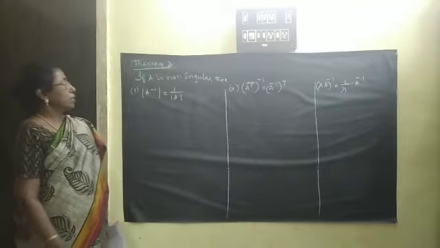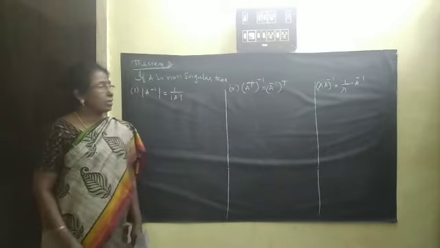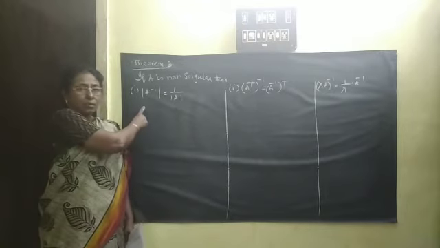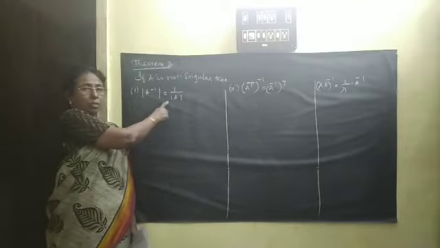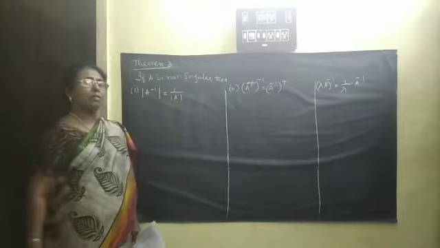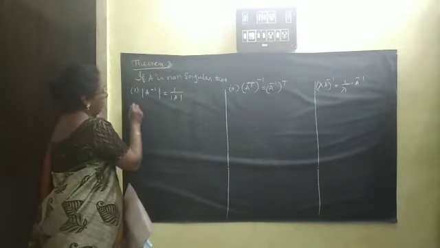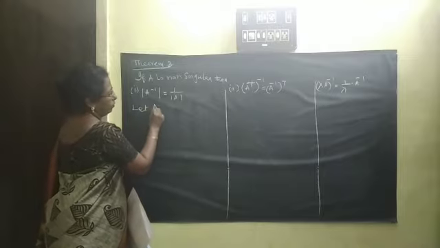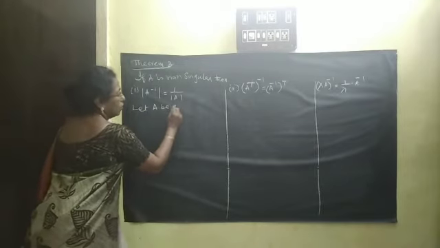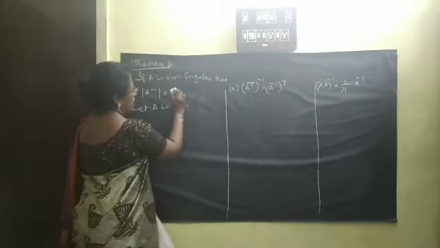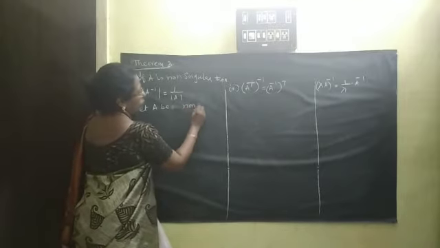The next theorem states, if A is non-singular, then determinant A inverse is equal to 1 by determinant A. Now here, let A be non-singular.